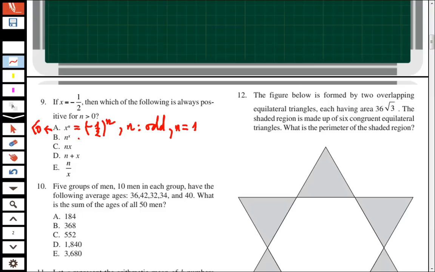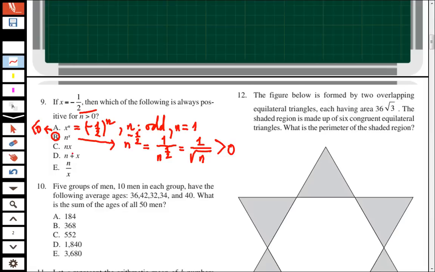Option B: n raised to the power minus 1 over 2 equals 1 over n raised to the power 1 over 2, which equals 1 over the square root of n. We see that n is greater than 0, so this one is always positive. Option B is the final result.